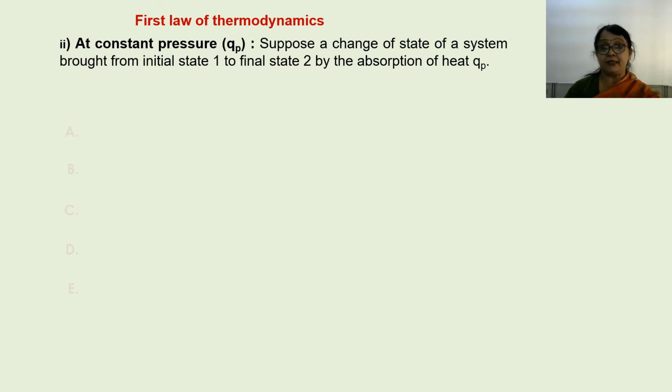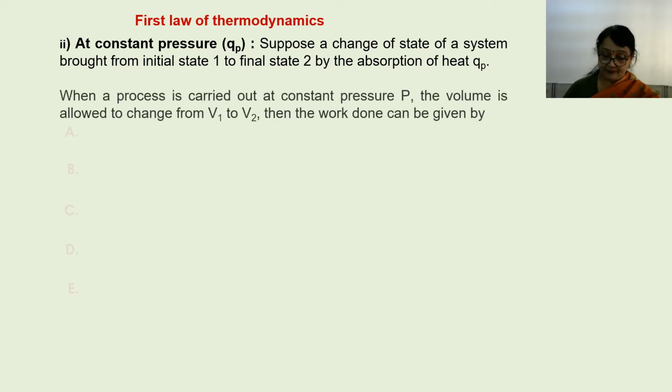Suppose a change of state of a system is brought from the initial state to the final state, and the initial and final states are represented by the subscripts 1 and 2 respectively.